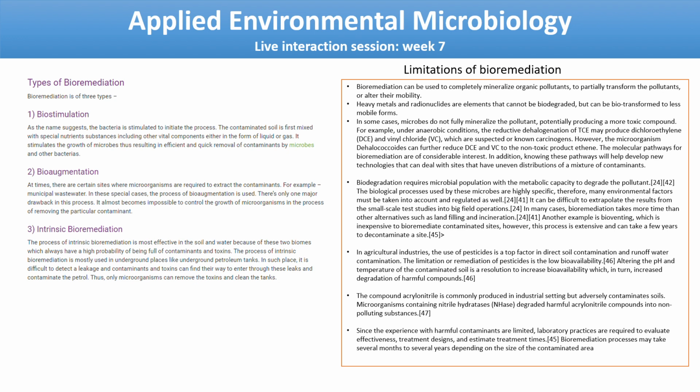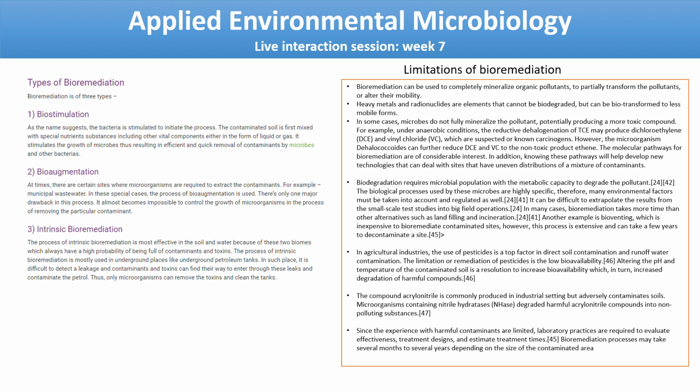Now the third type of bioremediation is intrinsic bioremediation. This process is most effective in the case of soil and water, because these two biomes have a high probability of being full of contaminants and toxins.